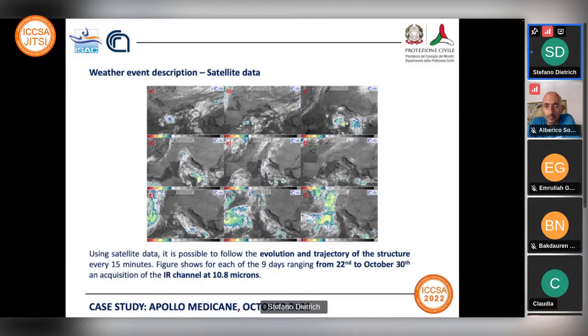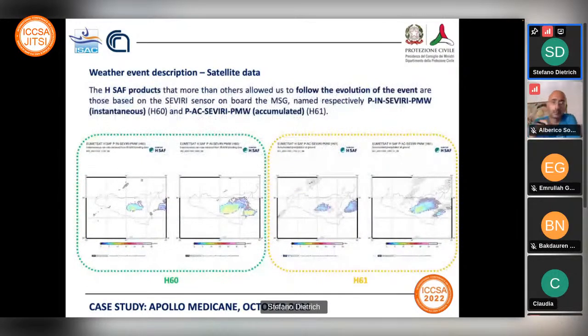Continuous monitoring of the Apollo event was also carried out through other satellite acquisitions and products: precipitation, cloud properties, soil moisture, flooded area. The products that measure precipitation from satellite, based on the SEVIRI sensor on board the Meteosat Second Generation, are distributed by the Satellite Application Facility in support of operational hydrology and water management, shortly H SAF.